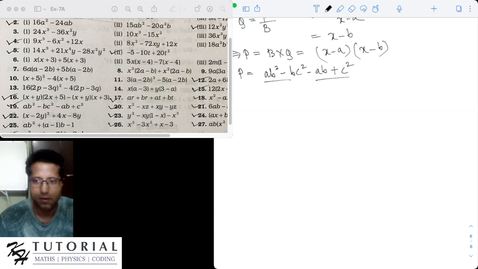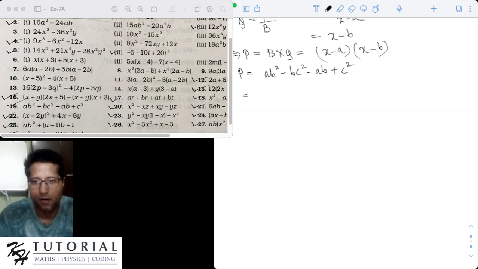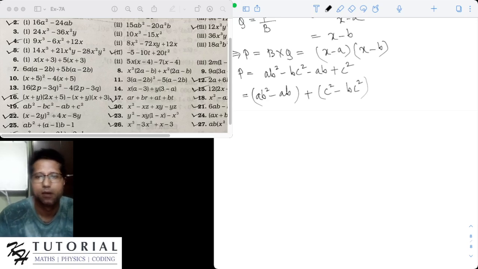Okay. So this will not work. Let's form the group of ab square minus ab. This is the first group, and let's say we have c square minus bc square.